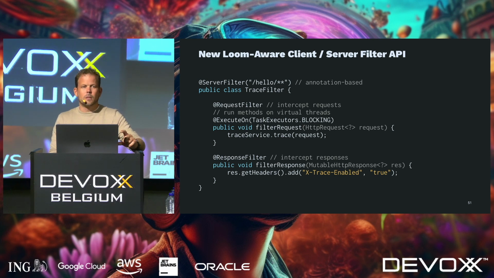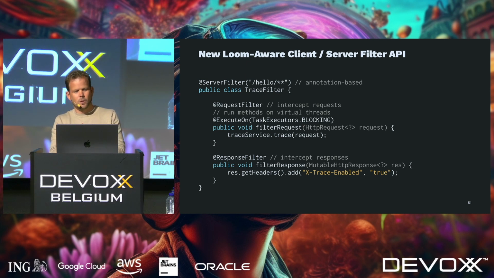What Micronaut does is, when it knows you are executing a route that is blocking all the way through, and it knows it's running virtual threads, it will not use reactive structures to execute the filters, and therefore collapses the stack traces, making them much shorter, and improves performance.